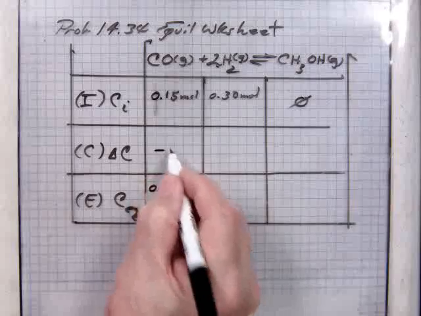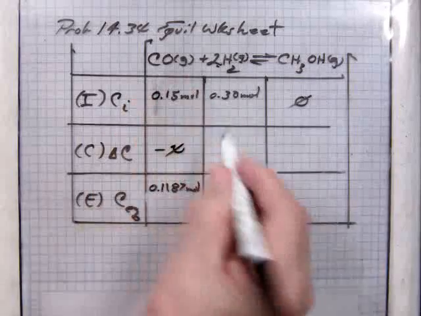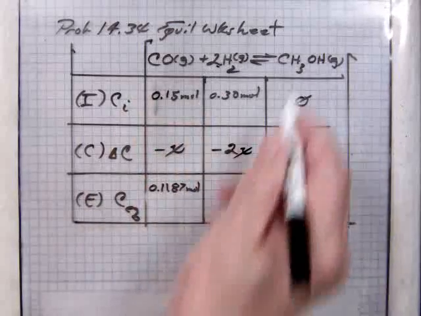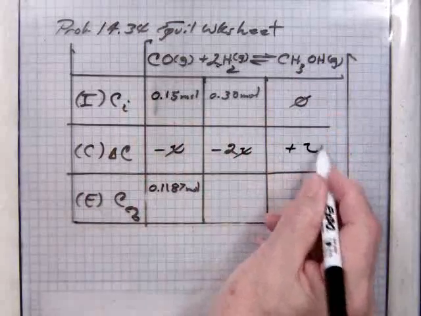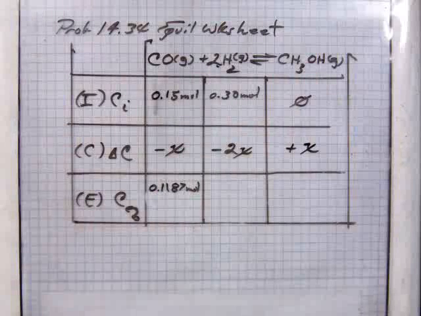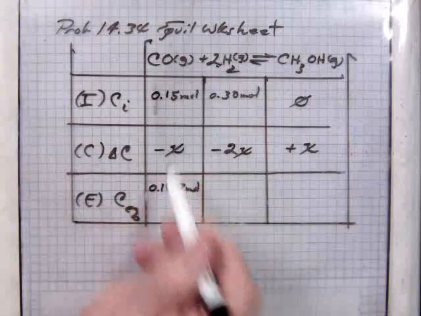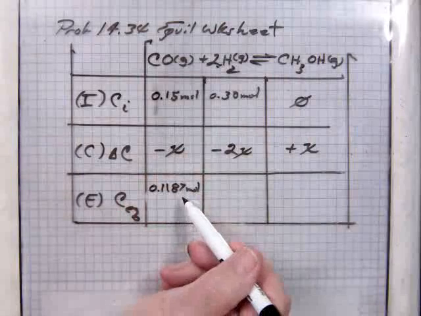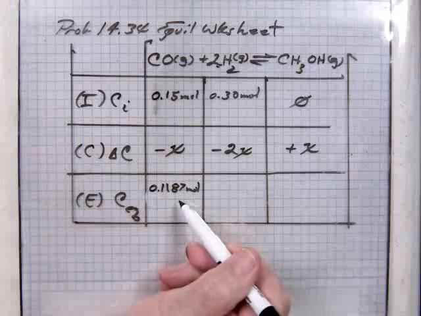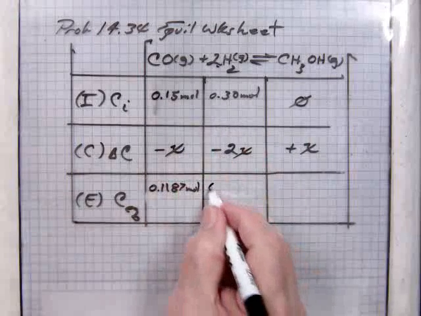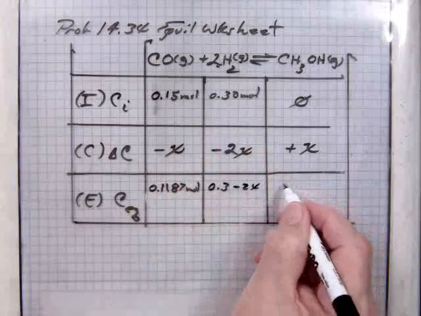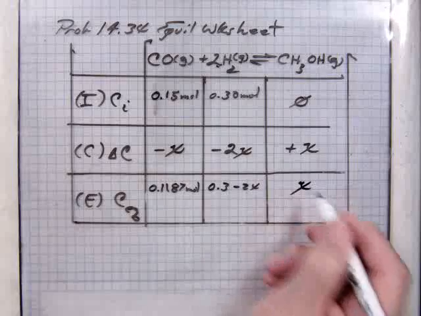So this would be a minus x for the carbon monoxide, minus 2x for the hydrogen because it has a 2 coefficient, and plus x for the methanol. The algebraic sum of the initial and change gives you the equilibrium concentration. So this would be 0.3 minus 2x, and this would be 0 plus x, or simply x.